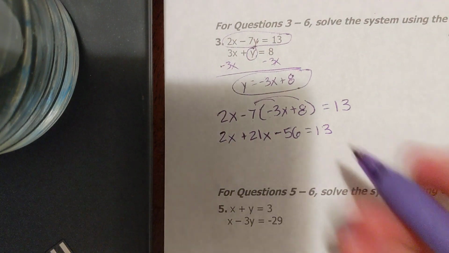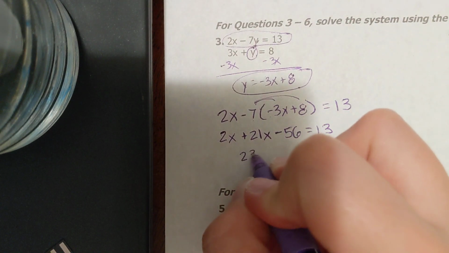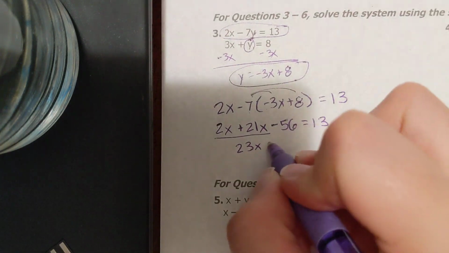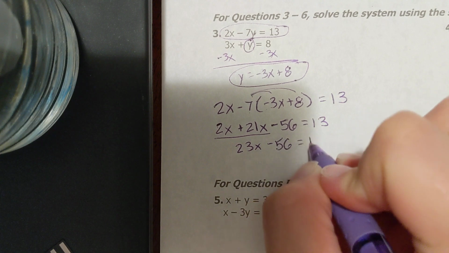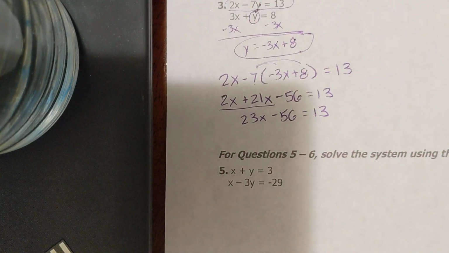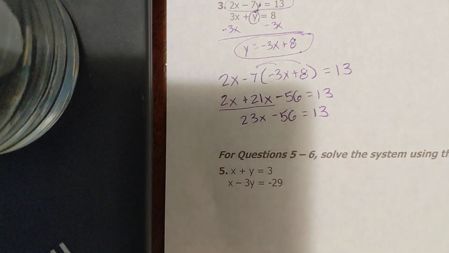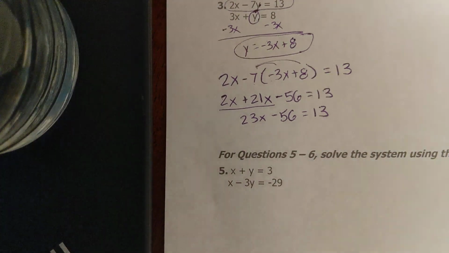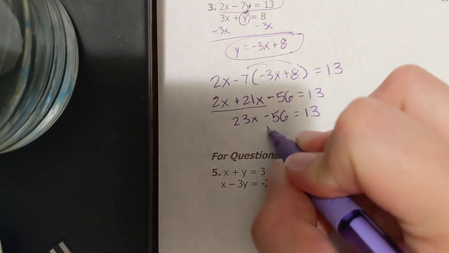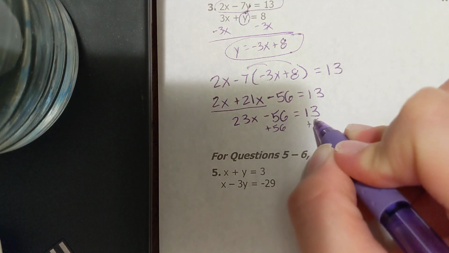Alright, so now I need to combine my like terms here. I'm going to get 23x, because I've got those 2x there, minus 56 equals 13. And then now my goal is just to get x by itself. So I'm going to first get rid of the 56 by adding 56 to both sides.